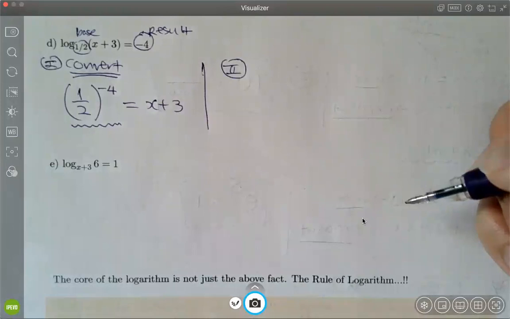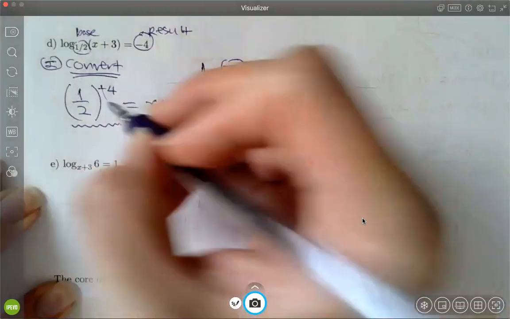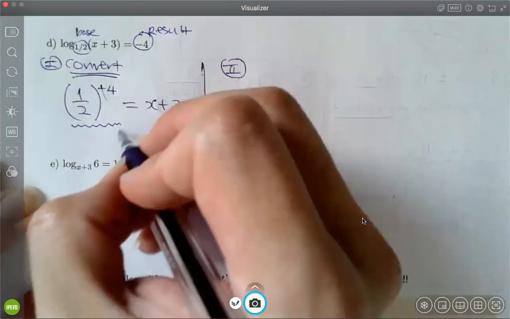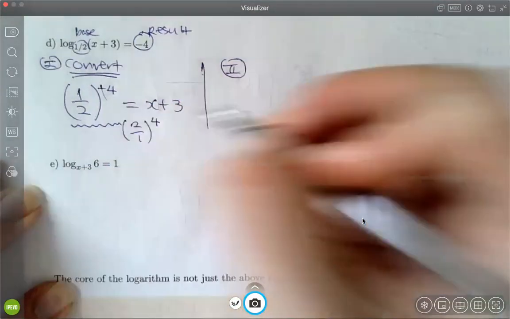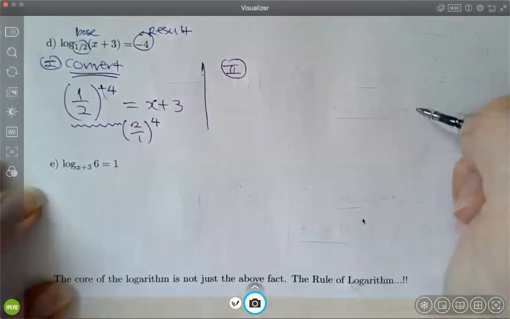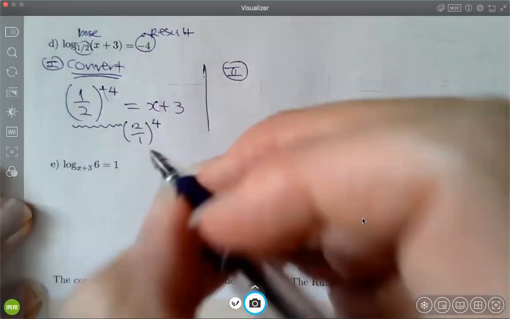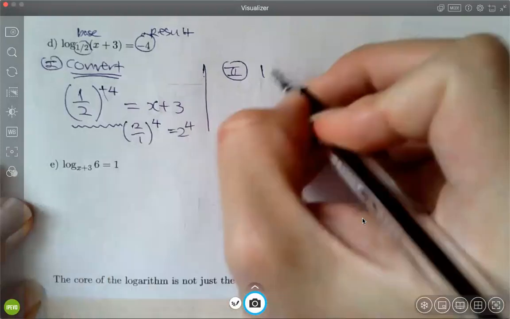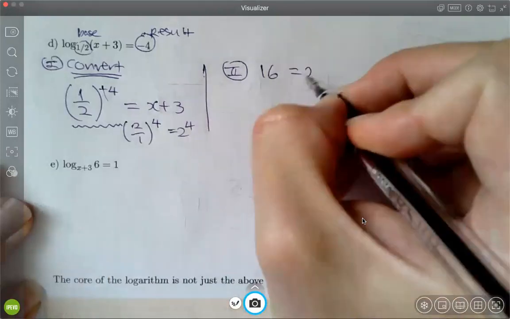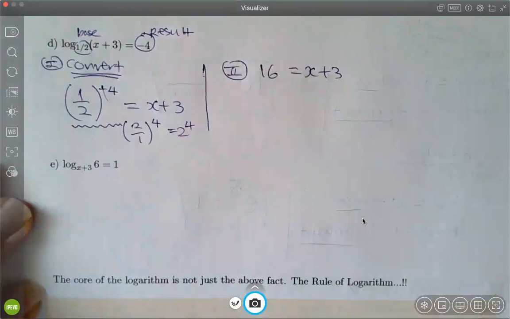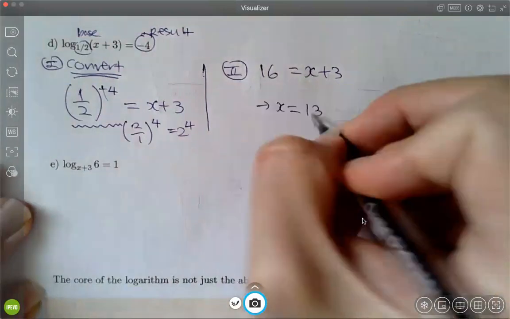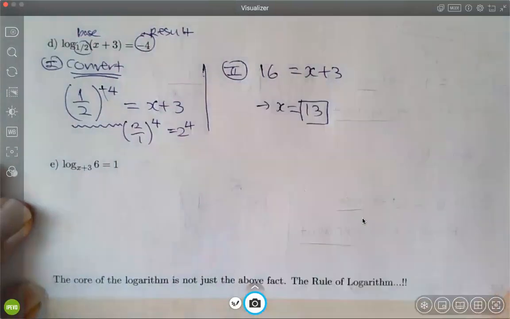Do you see why? You can drop the negative sign, and then you have to flip the fraction, right? So it's 2 to the power 4, which is equal to 16, equals x plus 3. So x is equal to 13. It was indeed simpler, but of course you had to know this conversion.